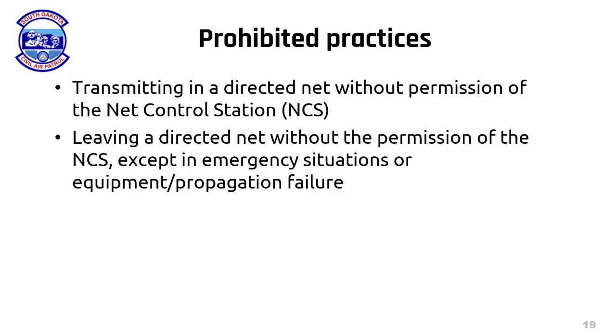Leaving a directed net without permission, you've checked in and the net control station believes you are there, so you shouldn't turn the radio off or get out of the vehicle without telling them. Now, the exception to that is if it's a real emergency, or sometimes the equipment breaks, or all of a sudden you're in a dead spot. But generally speaking, if you're going to be leaving the channel the net control station is on, you need to tell them and get their okay.